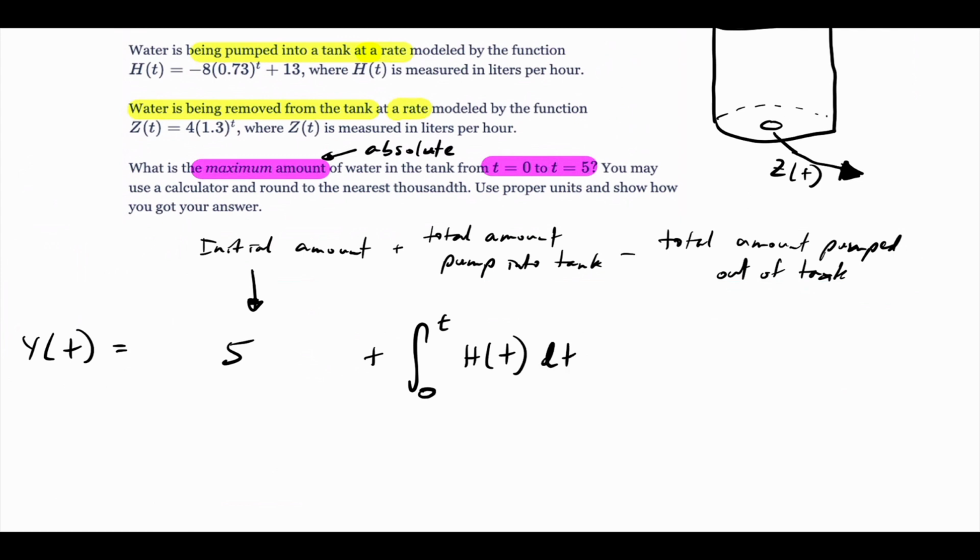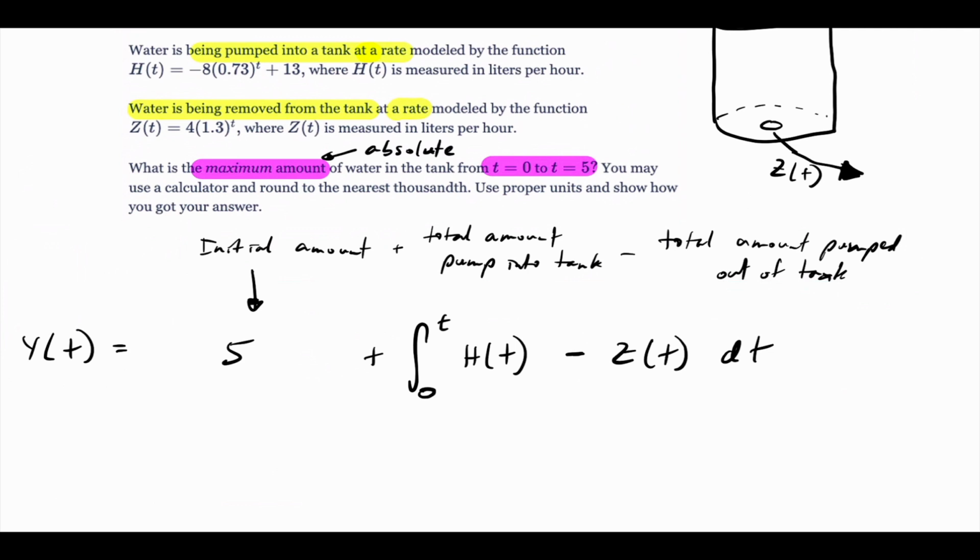Good. Subtract the integral. You can do another integral, or you can just combine the integrals, of z of t dt. That's y of t, the equation to find the total amount at one time. I'm sorry, I should have said z of t. I know what you meant.